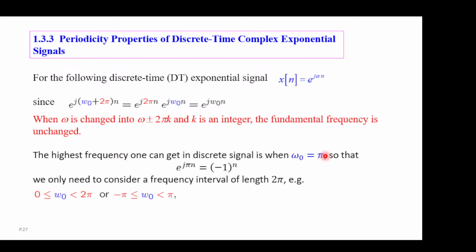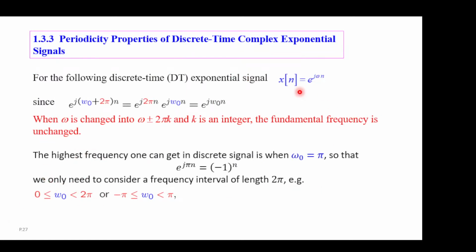The highest frequency one is when your omega naught is furthest away from those points, so it's around omega naught equal to pi or 3 pi, etc. So an odd multiple of pi. And when that happens, your signal will be e to the j pi n, so your signal is just plus 1, minus 1, plus 1, minus 1, etc. And that is the highest frequency signal you can get in discrete time.